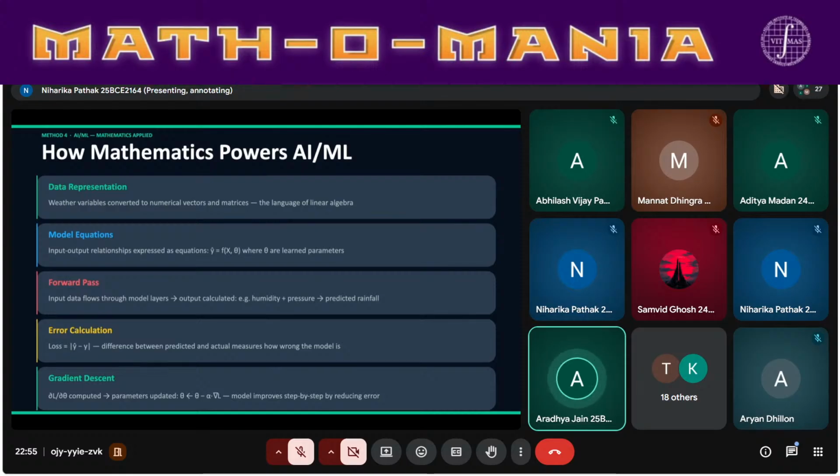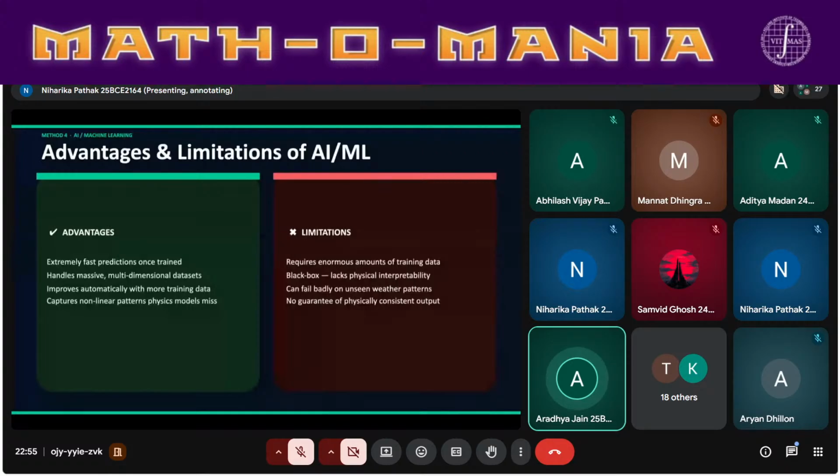So this helps the model improve by reducing the error. So this is how AI/ML works, and let's move ahead.